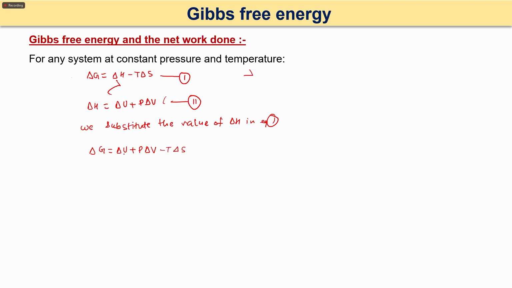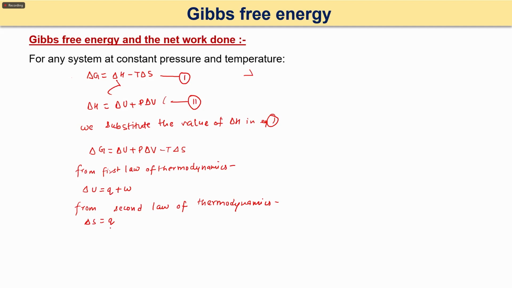And we know that from the first law of thermodynamics, delta U is equal to the summation of heat and work done, that is Q plus W. And from the second law of thermodynamics, delta S is equal to Q by T. Let us substitute the value of delta S and delta U in this equation 3.